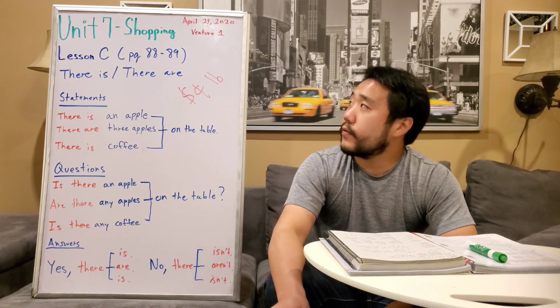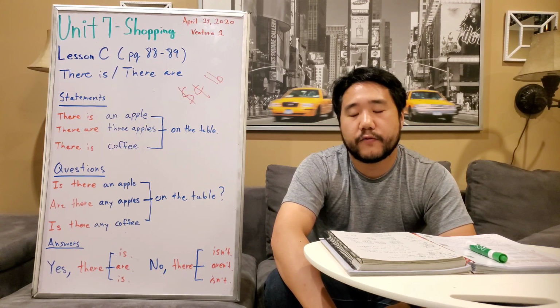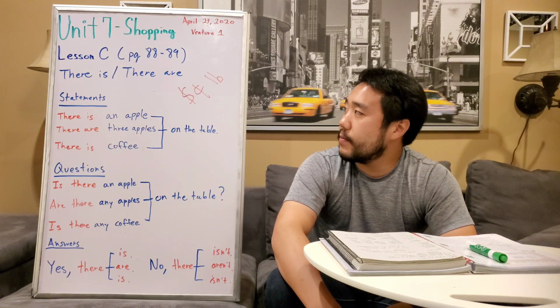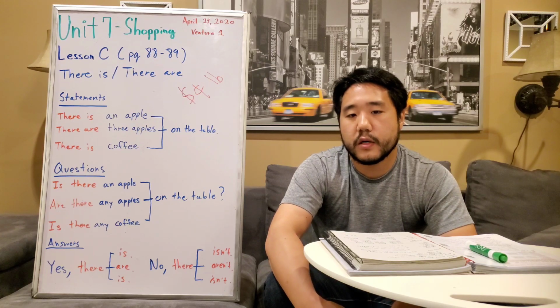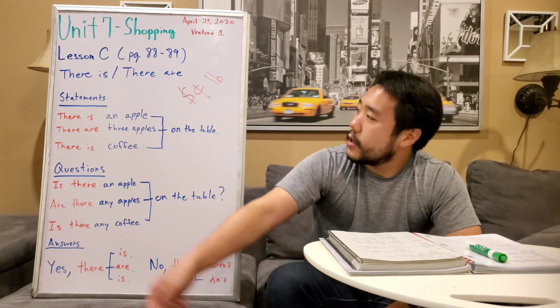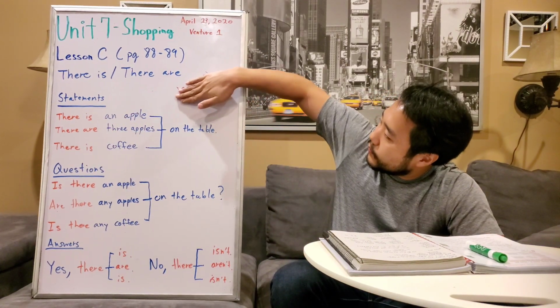For today, our main focus is going to be on the phrases "there is" and "there are," and practice getting information from a reading related to grocery shopping. So here, there is and there are. I'm gonna erase this really fast.